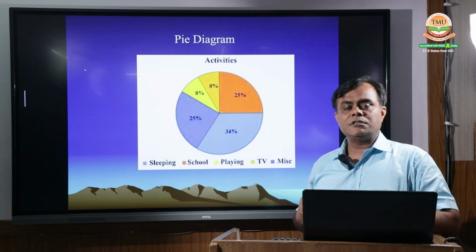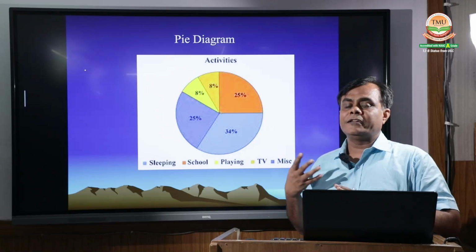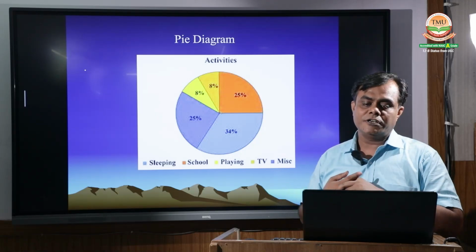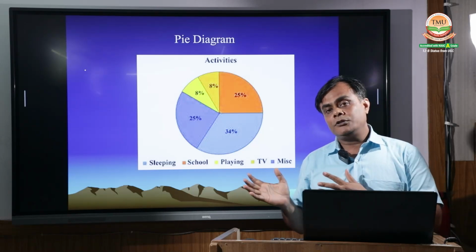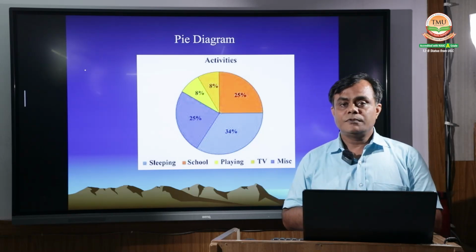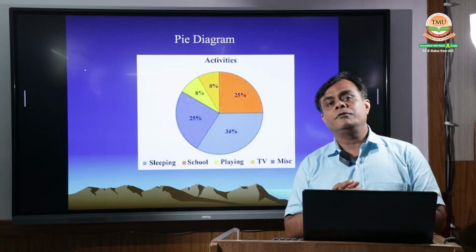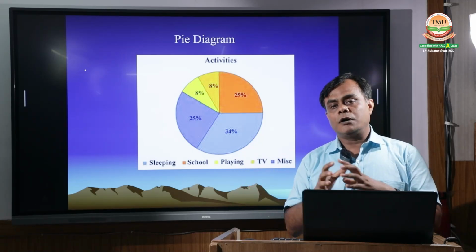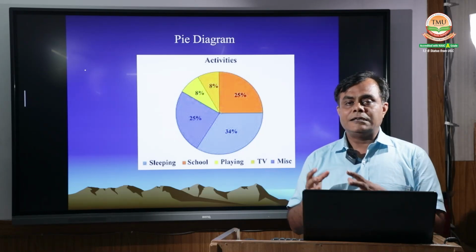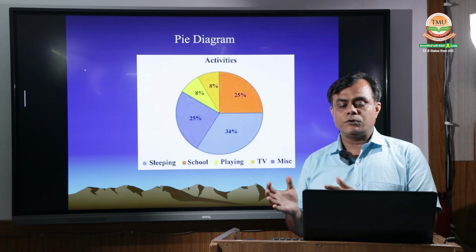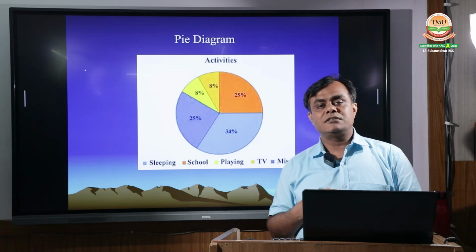So the pie diagram is a very realistic way to create the interest of your reader. If you want to create interest in your reader, you can use a pie diagram if the various activities are divided into different subdivisions. So the activity of a whole 24 hours is divided into sleeping time, school time, playing time, TV watching, and miscellaneous time.